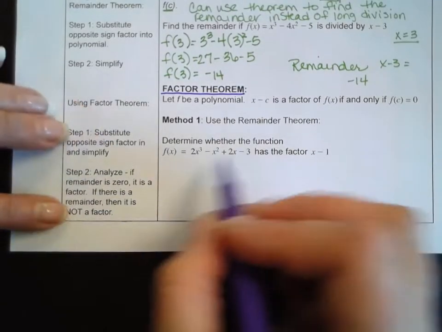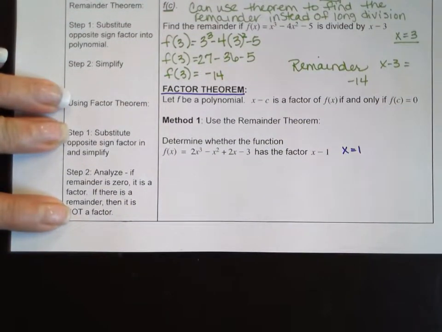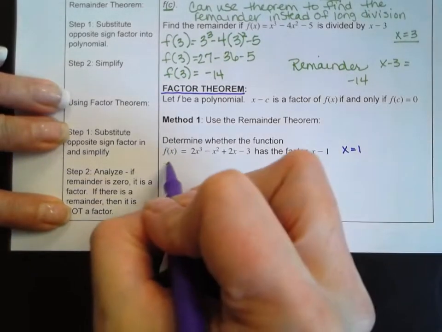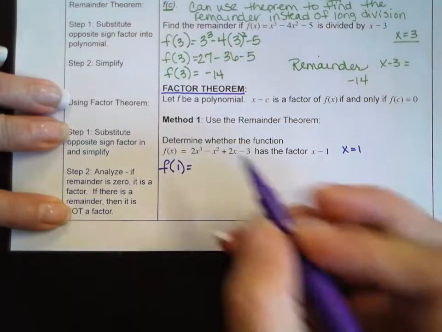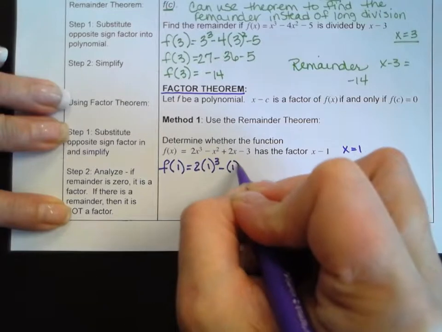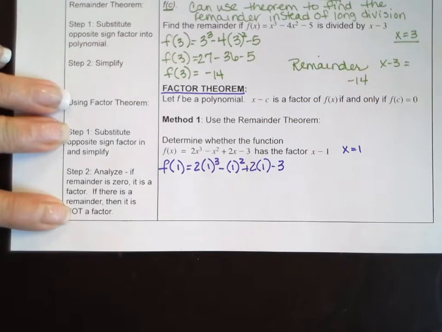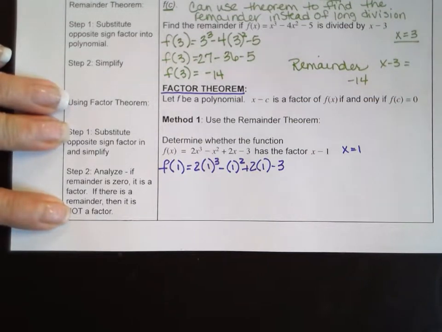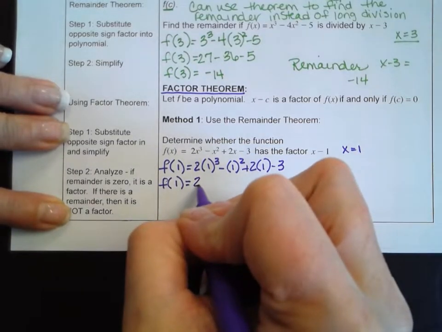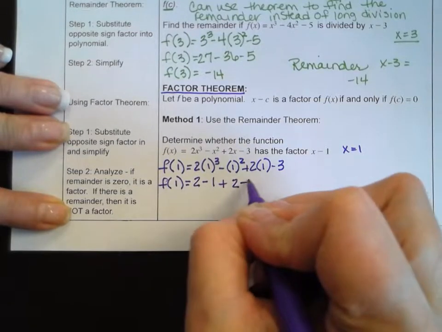So basically what it says is, okay, if it's a factor, then that would mean x is equal to 1, right? So let's find what the f of 1 is. So I'm going to have 2 times 1 cubed minus 1 squared plus 2 times 1 minus 3. So that gives me 2 minus 1 plus 2 minus 3.